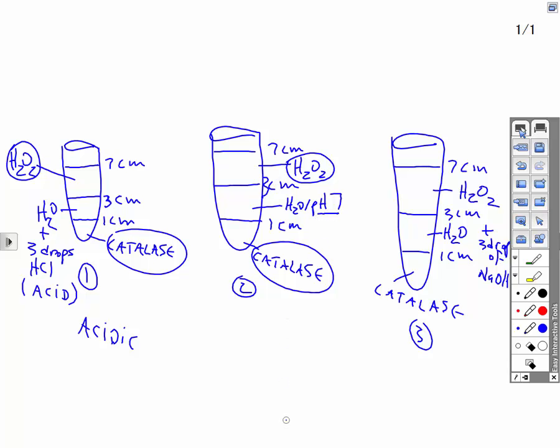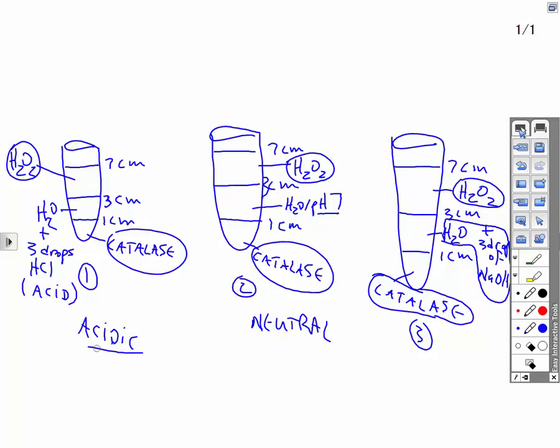Does catalase work best at pH 7? And then in our third tube, we do have enzyme catalase, and the hydrogen peroxide, but in this case, we've added a base in the water. So in this water, we've added sodium hydroxide, which is a base. So will it work best in an acidic situation, tube 1, or in a neutral, which is pH 7, situation?